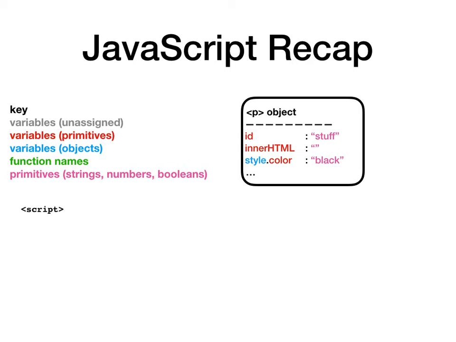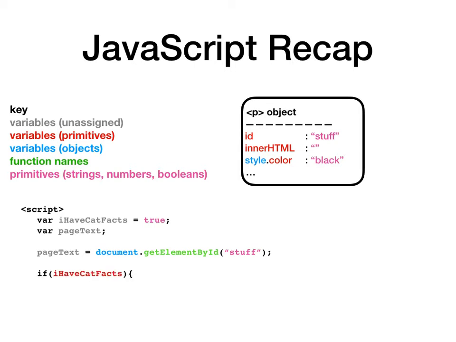Okay. Now let's recap branching. Similar scenario. Let's open a script. Variable, this is our condition. I have cat facts. In this case, it's true. Variable page text is still empty. We're going to give it the same thing. Go grab this object from the document. Now we're going to have a branch. If I have cat facts, this is true or false, right?